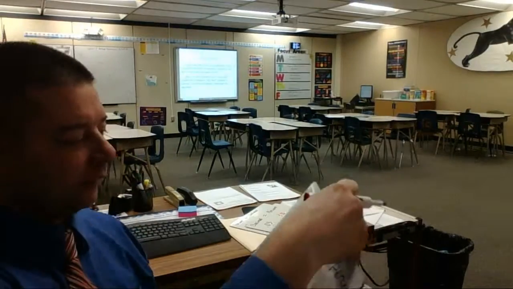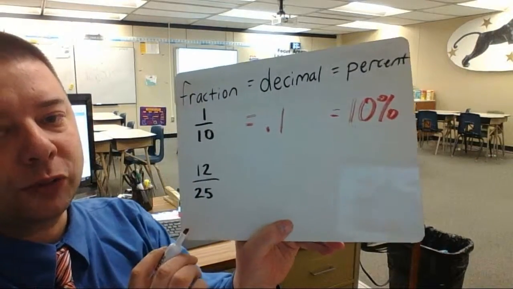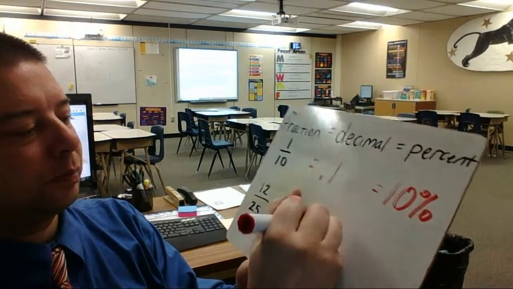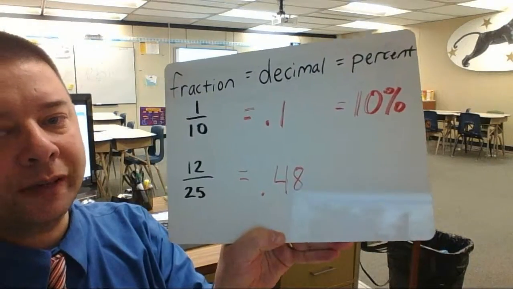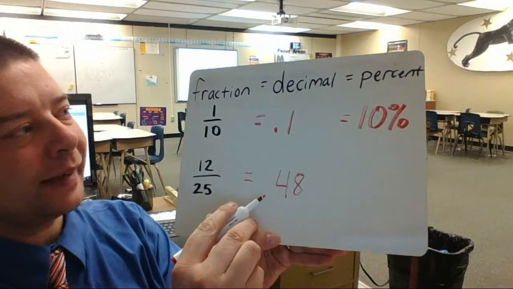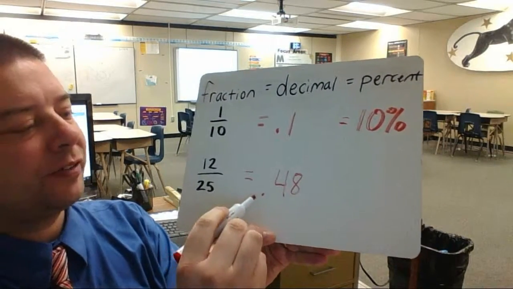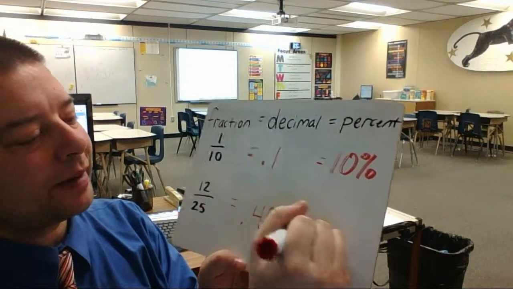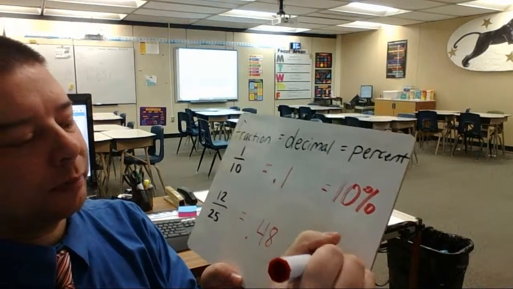So going back over here, I know then that 12 over 25 is equal to 48 hundredths, 0.48. If I know that's true, I can convert this to a percentage by just taking my decimal point and moving to the right, and when I move to the right, I get 48%.